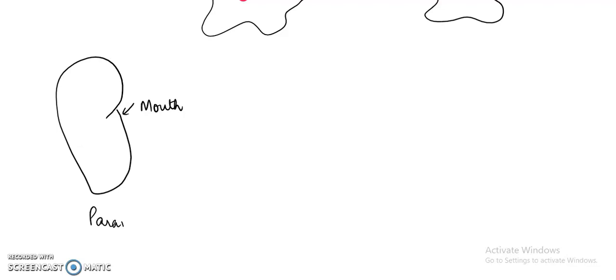You can see that I have made just a cell. So that is how paramecium is. Now suppose a food vacuole is there outside, it goes inside the mouth, and paramecium resides in the water. So with flowing water, food goes inside.